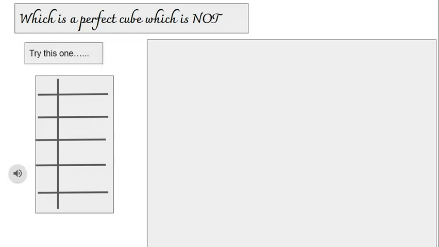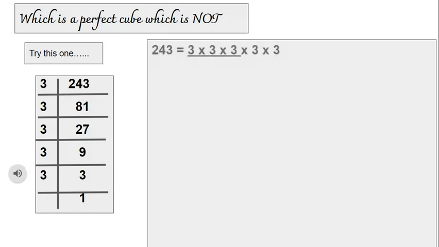Which is the smallest prime number that divides it completely? That is 3, isn't it? So 243 divided by 3 is 81. Now 81 divided by 3 is 27. 27 by 3 is 9, 9 by 3 is 3, 3 by 3 is 1. So how many threes do you have? Here you have 5 threes.